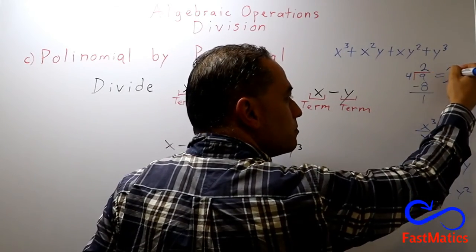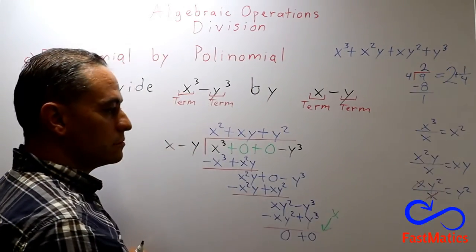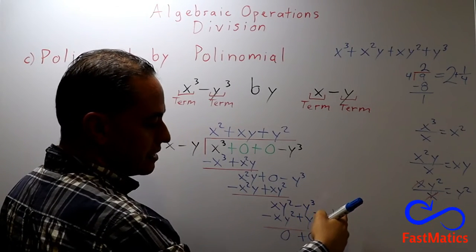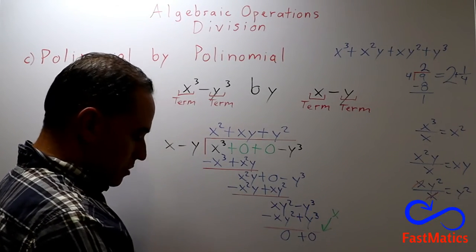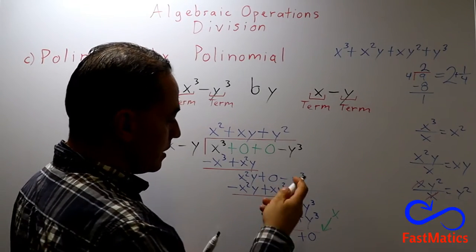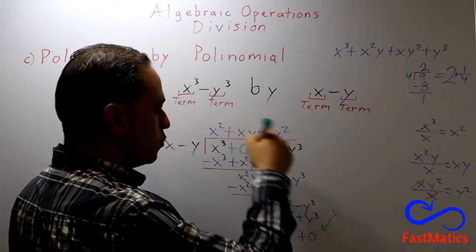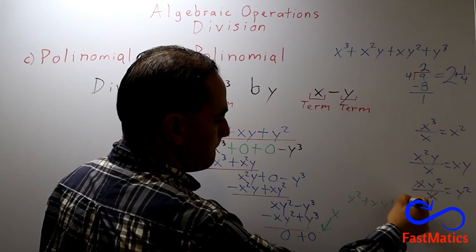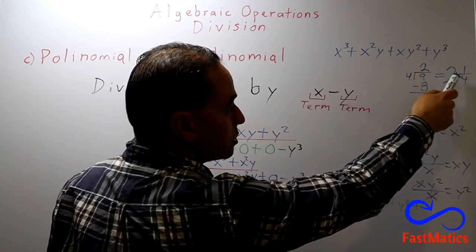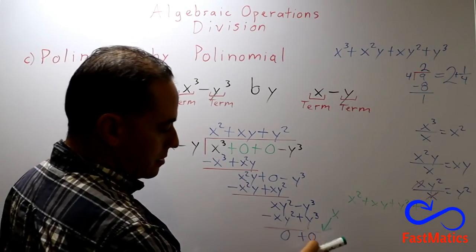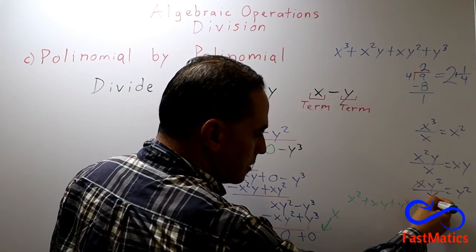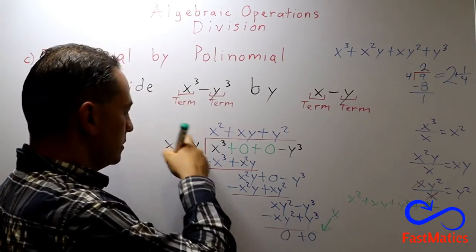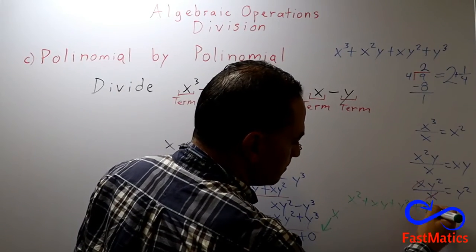You could say 2 plus 1 over 4. The same here. If you have x here, you could write the answer as the quotient plus this value over the divisor.